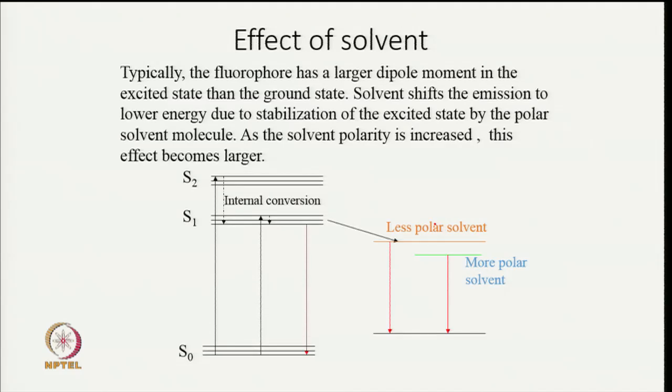What that means is that if you have a more polar solvent, the energy gap is going to be smaller in comparison to the fluorophore in a less polar solvent. And when this energy gap is smaller, lambda max increases. Lambda max increases in a more polar solvent, while in a less polar solvent the lambda max is smaller.